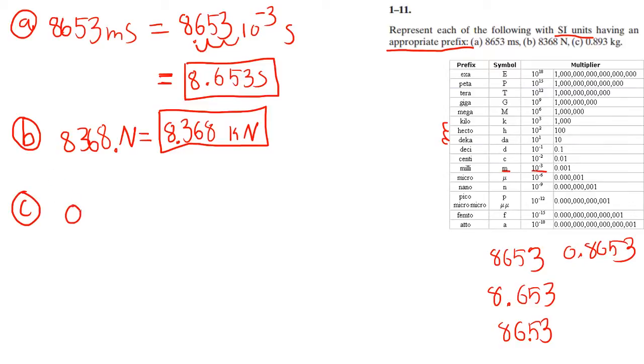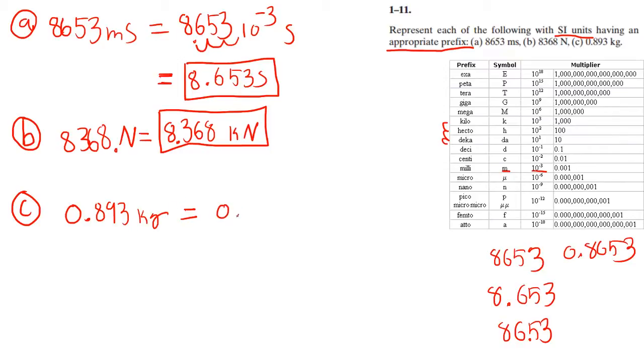So we have 0.893 kilograms. And this one, we're actually still going to move the decimal. We're going to make this number not to the thousands, but the hundreds, as you can already predict probably. So we're going to move the decimal to the right 3 places. That's going to give us a nice appropriate prefix. We're going to get this in grams.